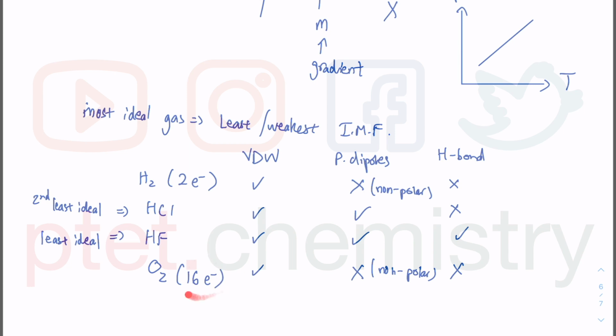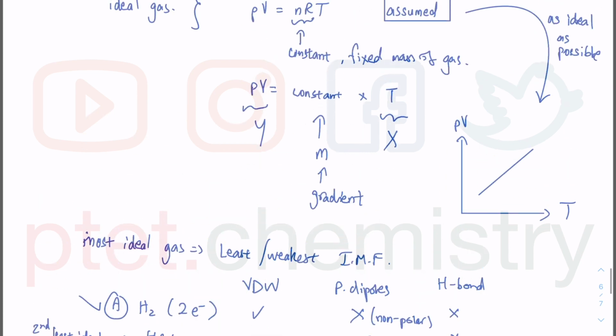Therefore, the total number of electrons equals the total number of protons. So this one has stronger van der Waals due to more total number of electrons in the molecule. That's why A is the correct answer, for this graph to be as ideal as possible over the widest range of temperature as well as pressure.